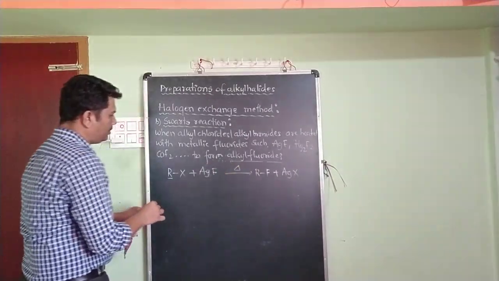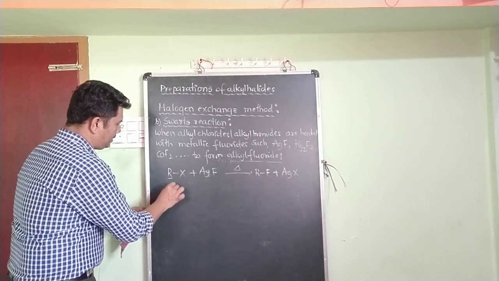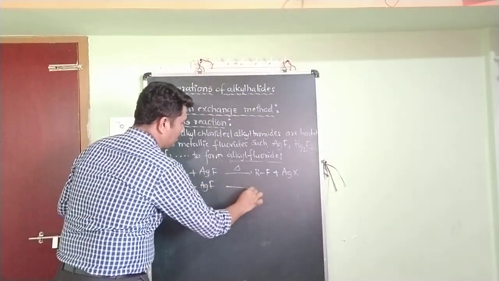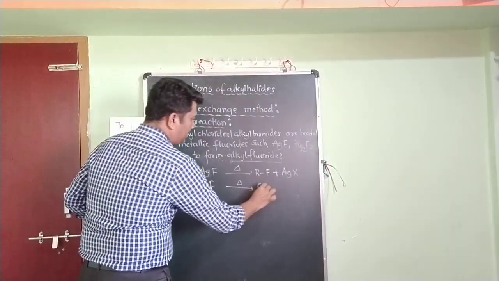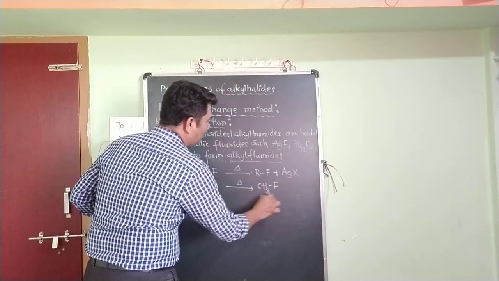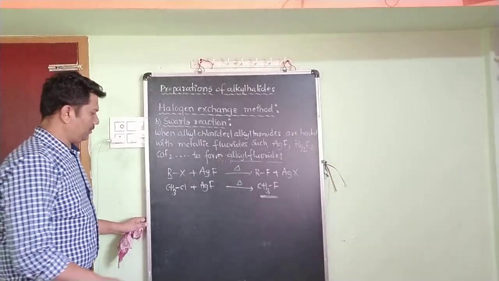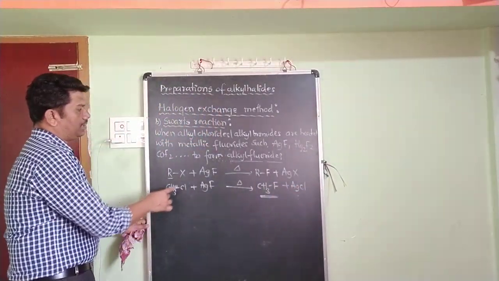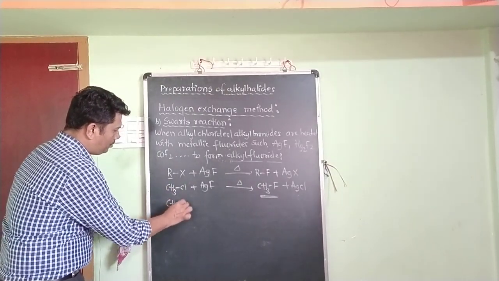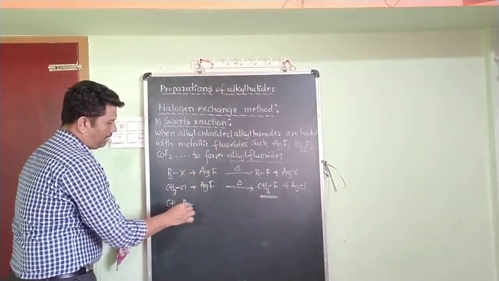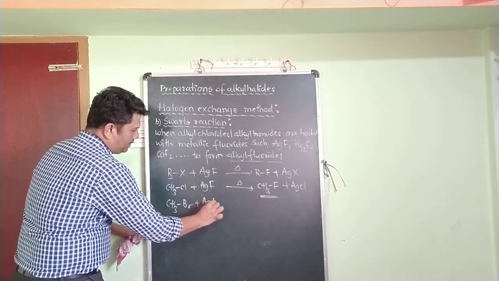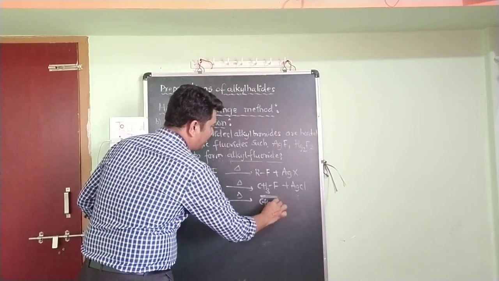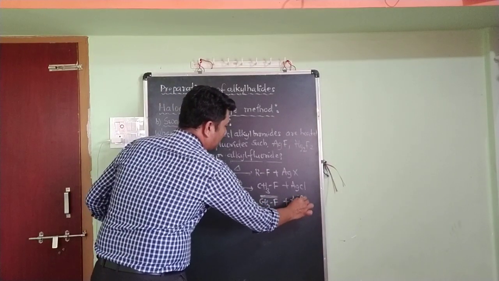This is the general representation. Write one example: CH3Cl plus AgF to form CH3F, that is methyl fluoride, plus AgCl. If you take methyl bromide, CH3Br plus AgF, there is formation of CH3F again, plus AgBr.